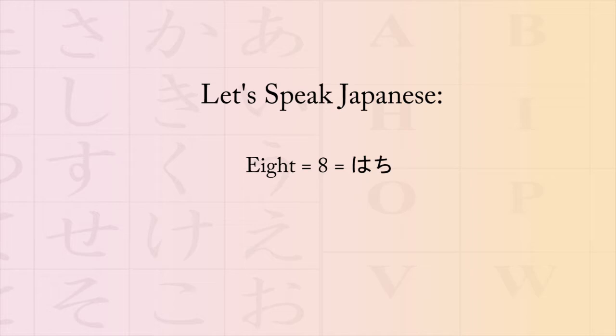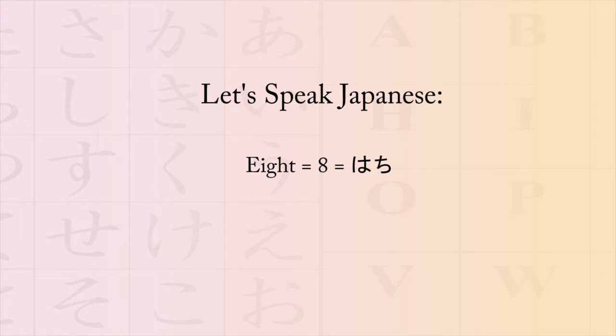Okay, so next we have the number 8, which in Japanese is Hachi. And it uses the two Japanese letters ha from the column hahifuheho and chi from the column tachitsuteto. And if you put it together, you get Hachi, or faster, Hachi.